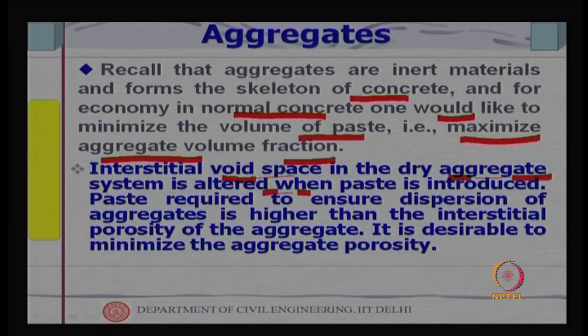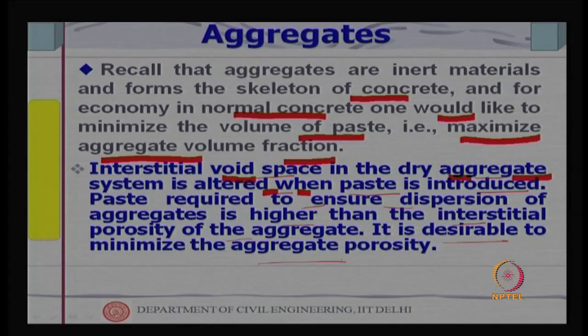Void space in aggregate is altered when paste is introduced. So, paste required to ensure dispersion of aggregates is higher than the interstitial porosity of the aggregate, and it is desirable to minimize the aggregate porosity or void content.